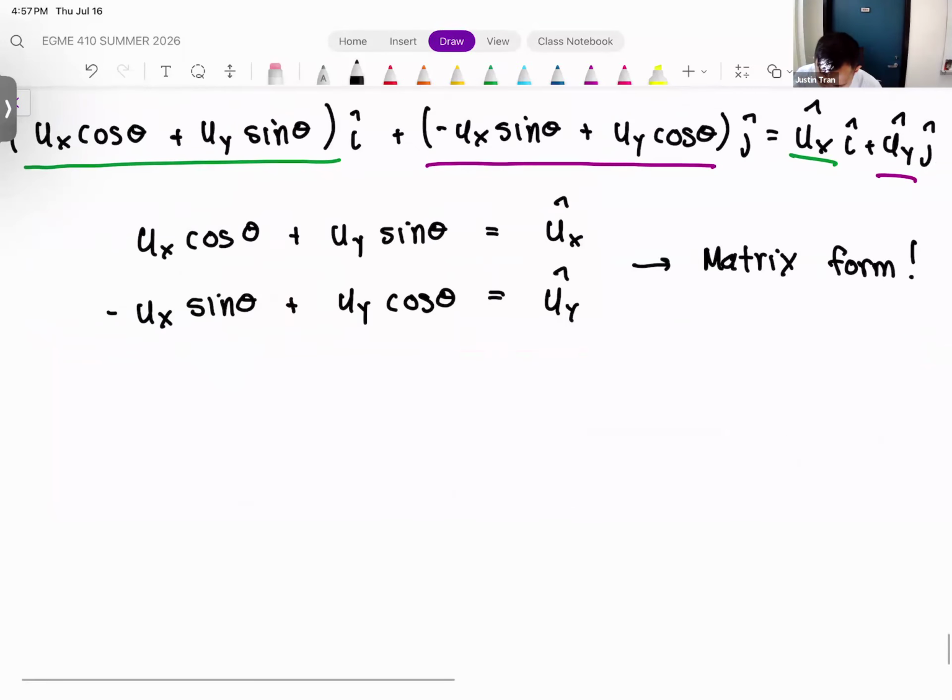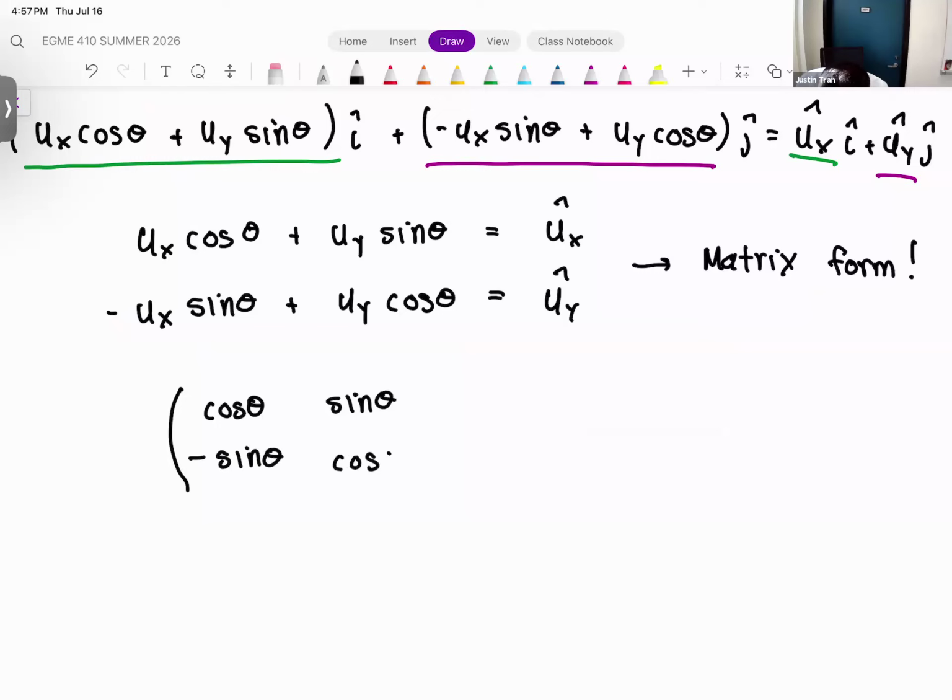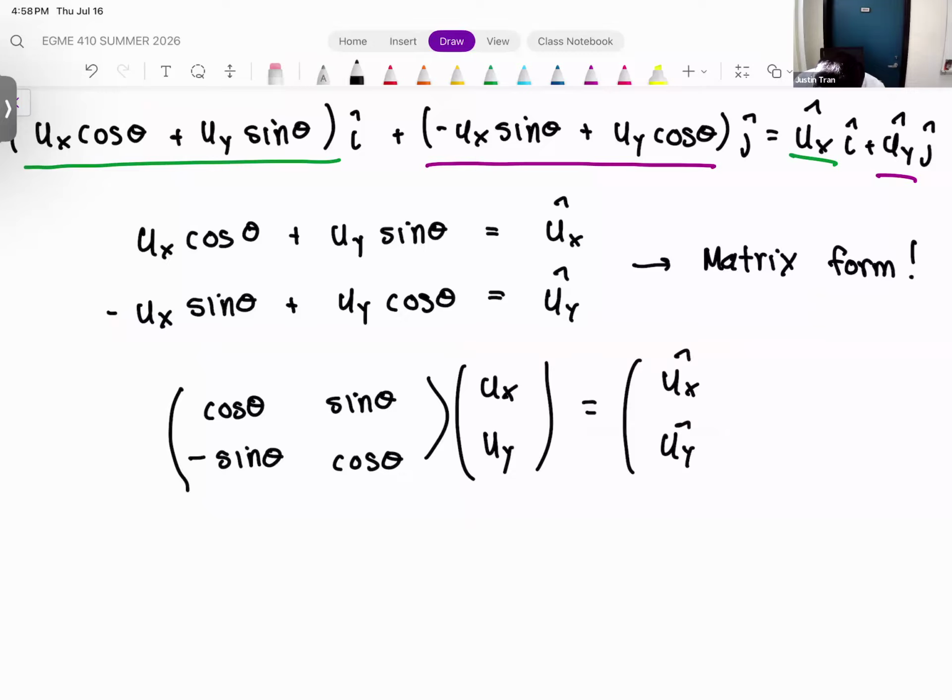So we get the matrix cosine theta, sine theta, minus sine theta, cosine theta, multiplied by ux, uy, is equal to ux hat, uy hat.